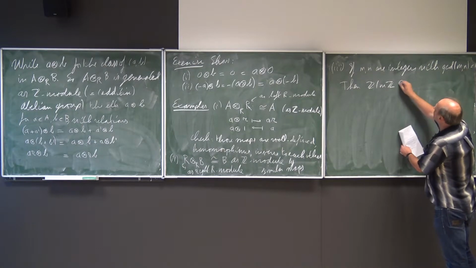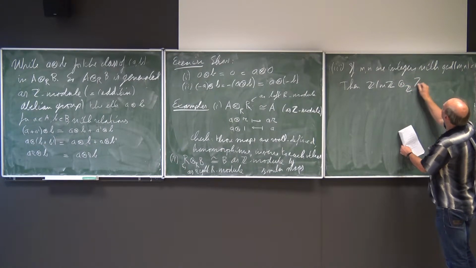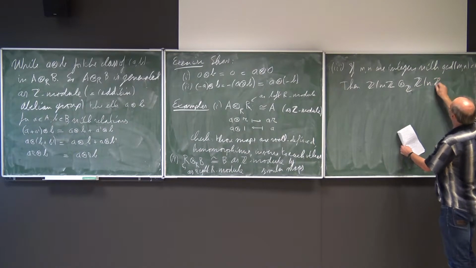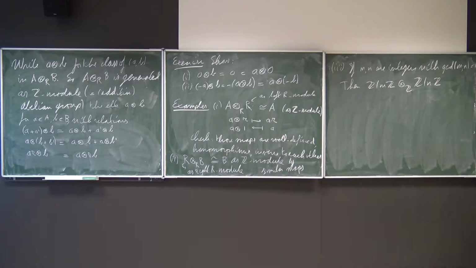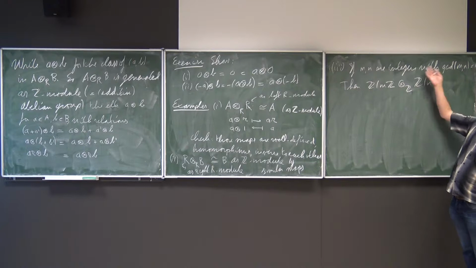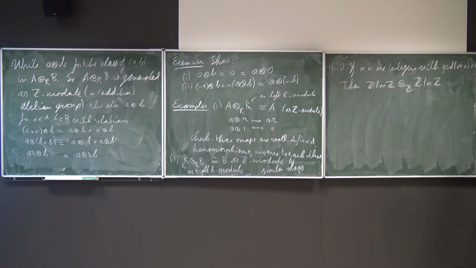And I tensor this over Z with similarly abelian group Z module nZ. And well, this has m elements, m at least, of absolute value of m. It doesn't say anything about what m and n are. And similarly here, but it turns out that under this condition, this whole thing collapses and it's trivial.